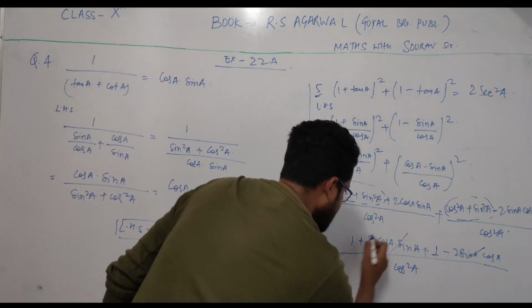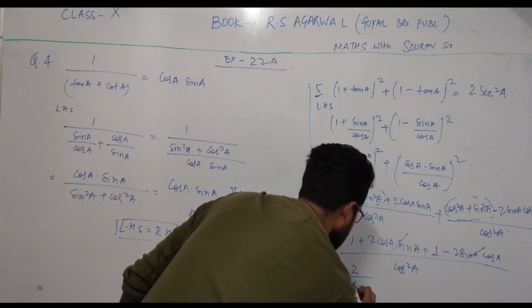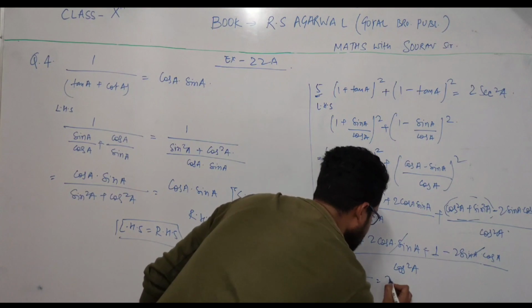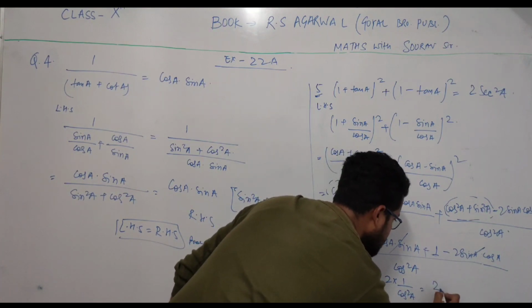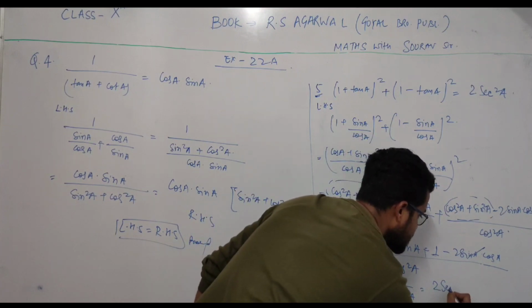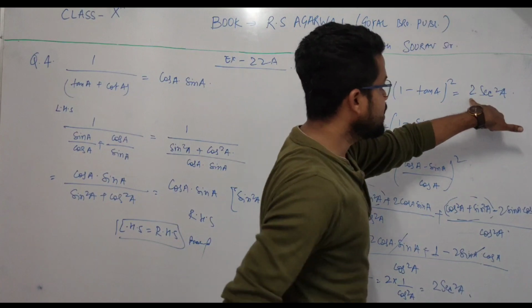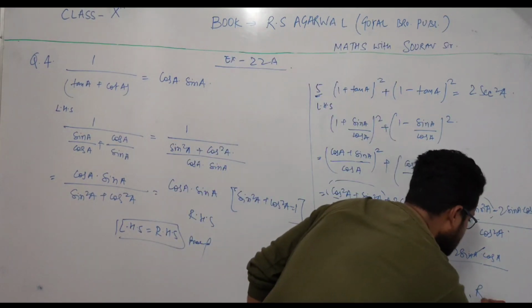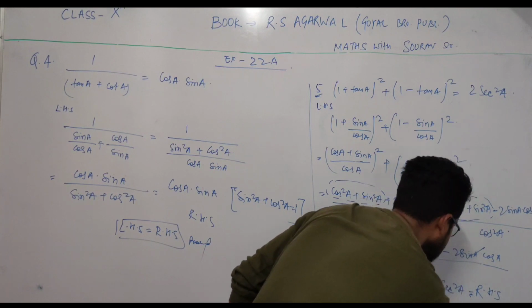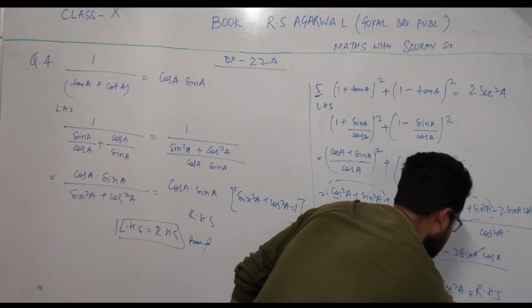So in the numerator this is 1 and this is 1. This is 2 by cos square A, and this can also be written as 2 into 1 by cos square A, which is sec square A. Here we have to prove this 2 sec square A, and we got this 2 sec square A. So this is equal to RHS, and LHS is equal to RHS.